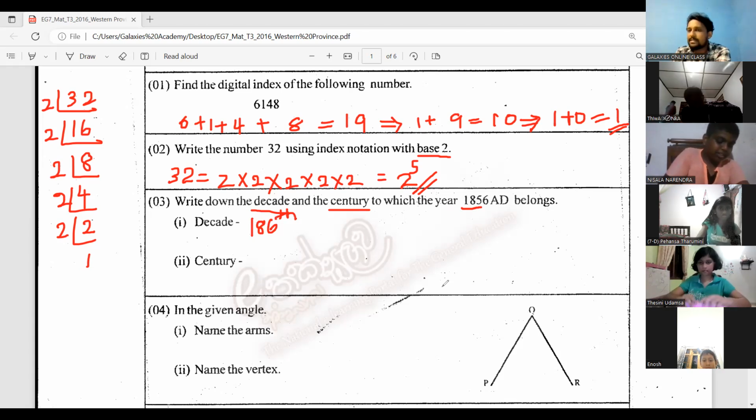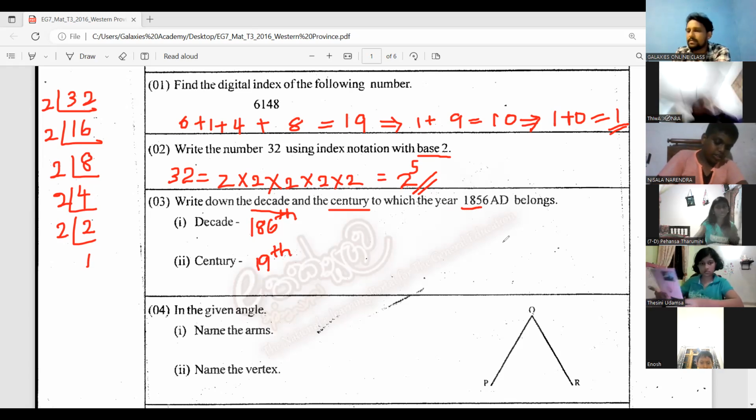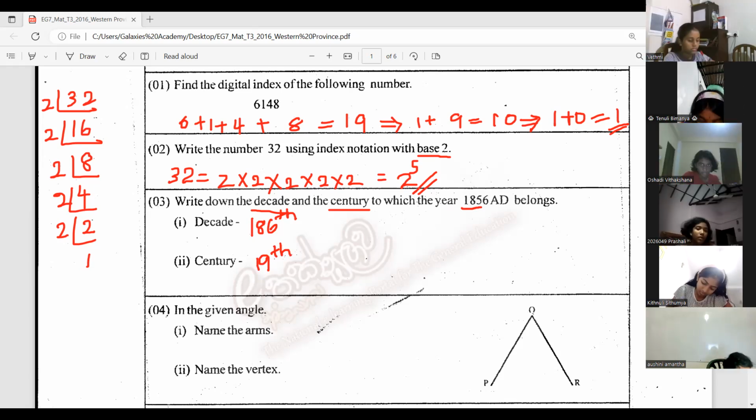Right? Then when you find the century, you have to add 1 to the first 2 digits of the number, right? First 2 digits of the year. What is the century? 18 plus 1, 19th century. Can you tell me which millennium this number belongs to?